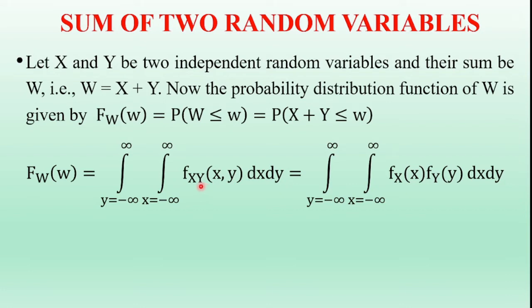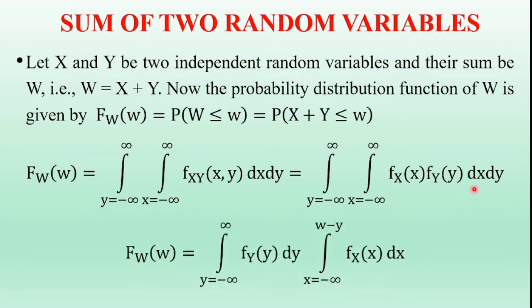That is, f_XY(x,y) is equal to f_X(x) into f_Y(y). Applying that condition here, the right-hand side becomes the double integral from minus infinity to infinity of f_X(x) into f_Y(y) dx dy.